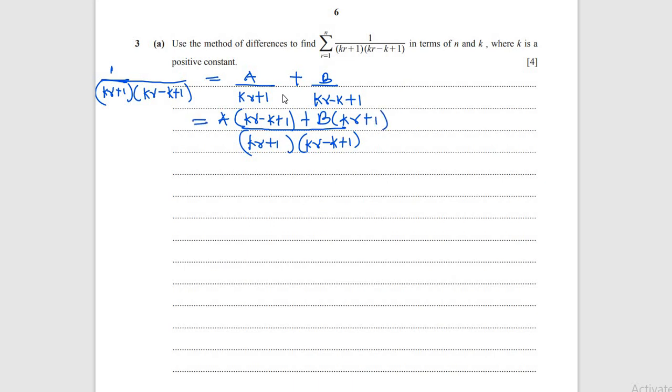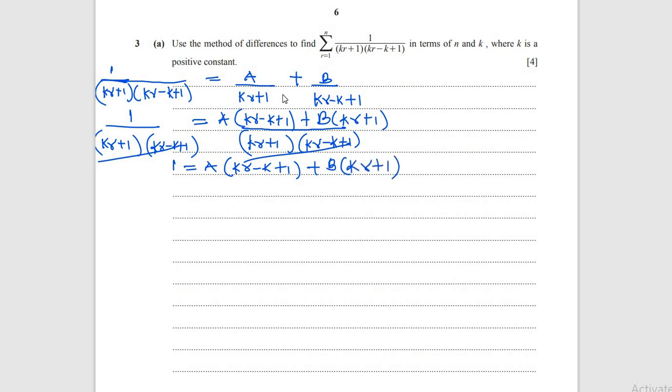They are equal to 1 over kr plus 1, kr minus k plus 1. So this cancels out this. At the end of the day, we have 1 is a into bracket kr minus k plus 1 plus b into bracket kr plus 1. So let's find the value of a and b.